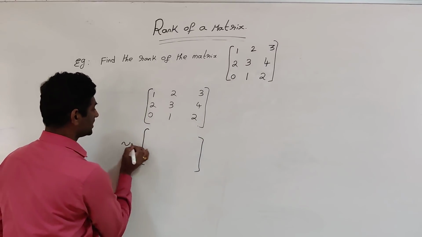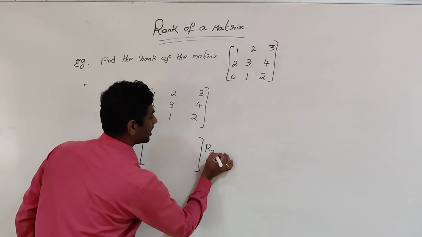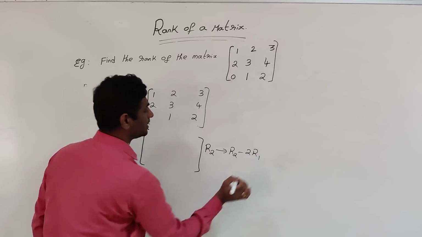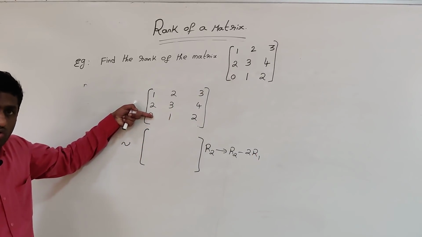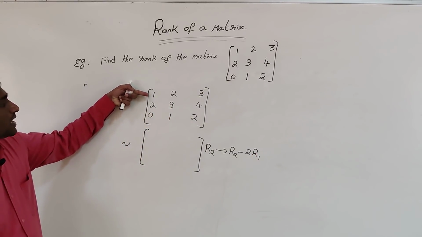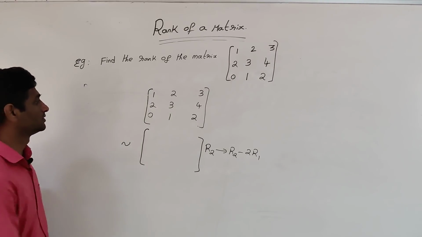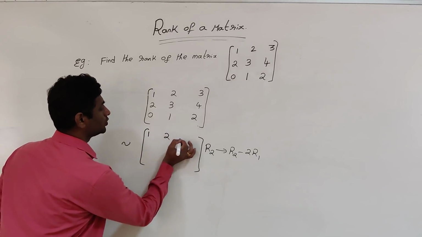The rank will be the same if I replace R2 with R2 minus 2 times R1, meaning the elements of row 2 are added with the corresponding elements of row 1 multiplied by minus 2. The rank does not change. So 1, 2, 3.